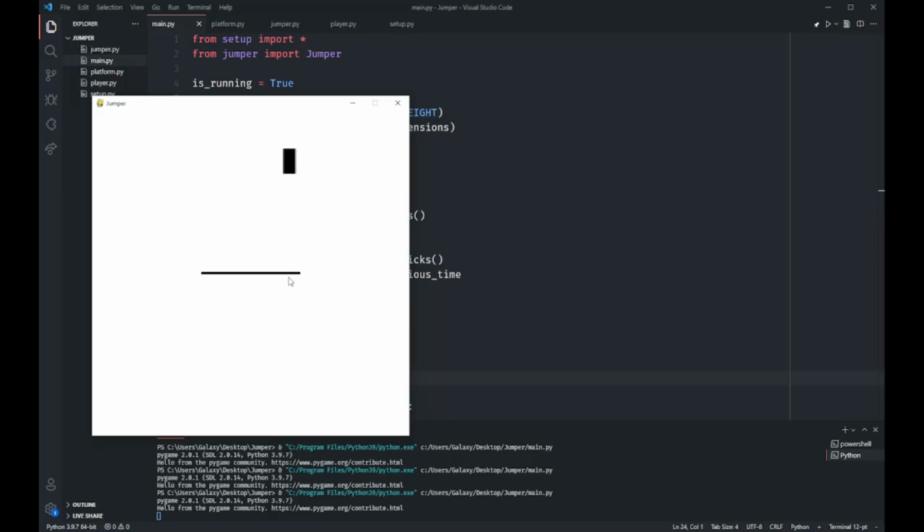What's actually happening is the acceleration is affecting the velocity, but there's nothing slowing down that velocity. So once we press right on our keyboard, we add a bunch to our velocity, but then once we stop accelerating, nothing changes basically.